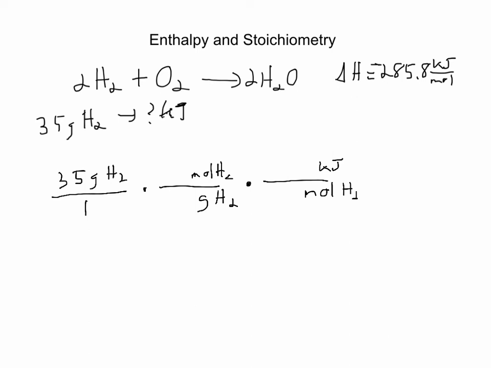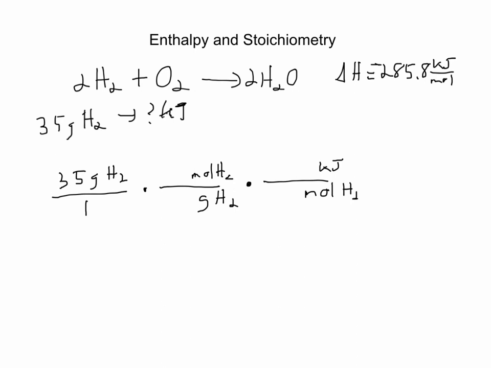Well, how does that work? We've talked about how these numbers in front represent a mole ratio, but now that we have a delta H, we also know that 2 moles of hydrogen, when it reacts to form water, gives us 285.8 kilojoules. And this is exothermic, so that should be negative. So we can use that ratio.